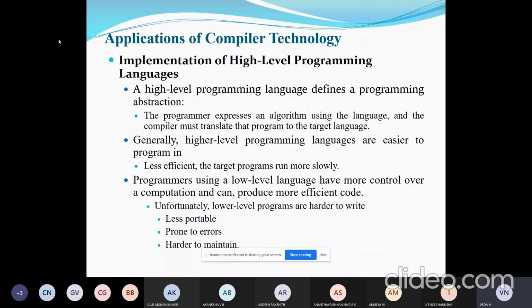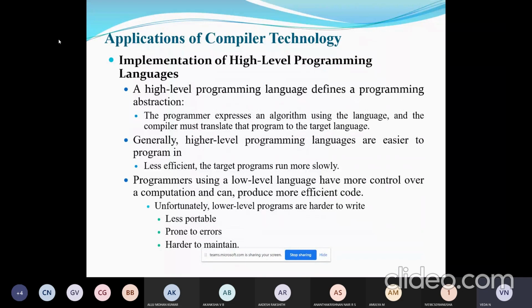As you already know, there are different features available in high-level programming languages. Every high-level programming language has a common feature, that is abstraction.